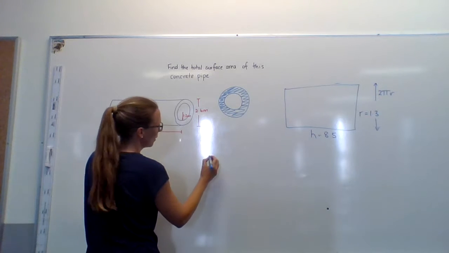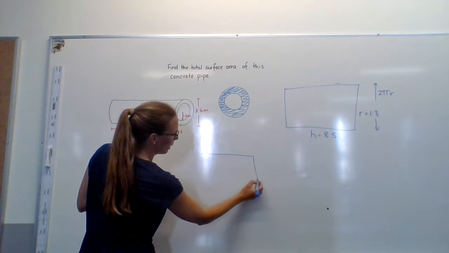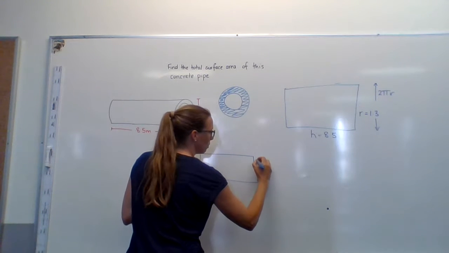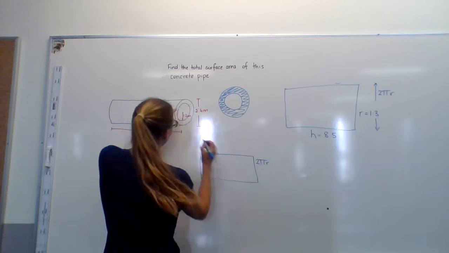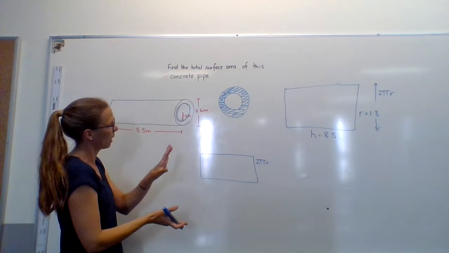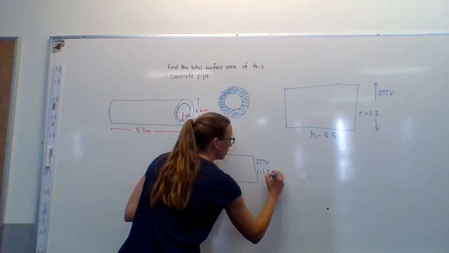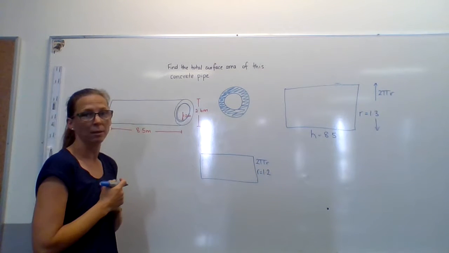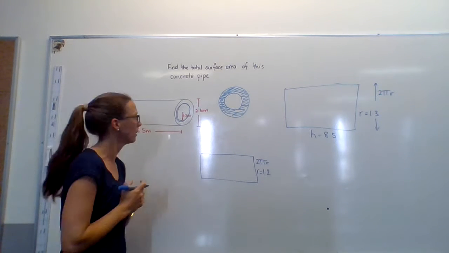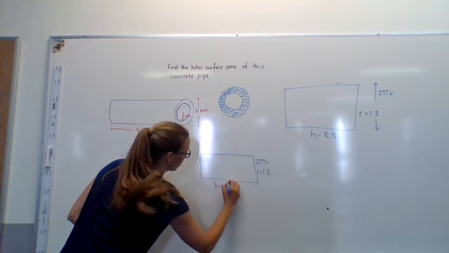If I opened it up again like this, this section would be the 2 pi r, that's the bit here that I've opened. Now the radius of that is equal to 1.2 meters, so it's only a little bit smaller than the other radius. And the height is equal to that 8.5.